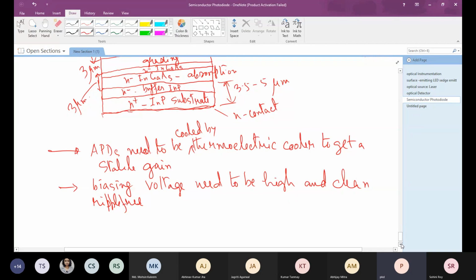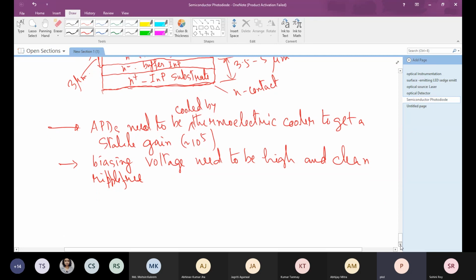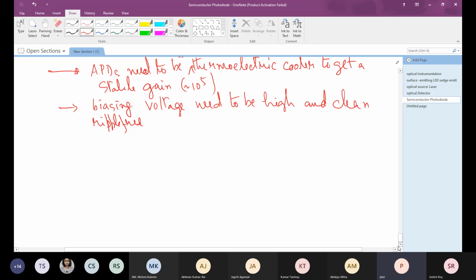Again, if there is change in the biasing voltage due to ripples, etc., it adversely affects the multiplication. Typically, multiplication is of the order of 10 to the power 4, 10 to the power 5 also. So you can guess that with such a high gain, a little bit of ambient change in condition may drastically fluctuate its performance and it becomes unstable.